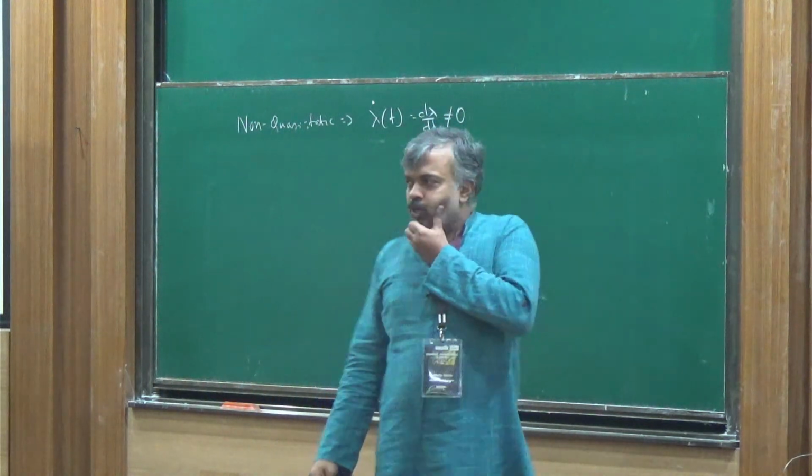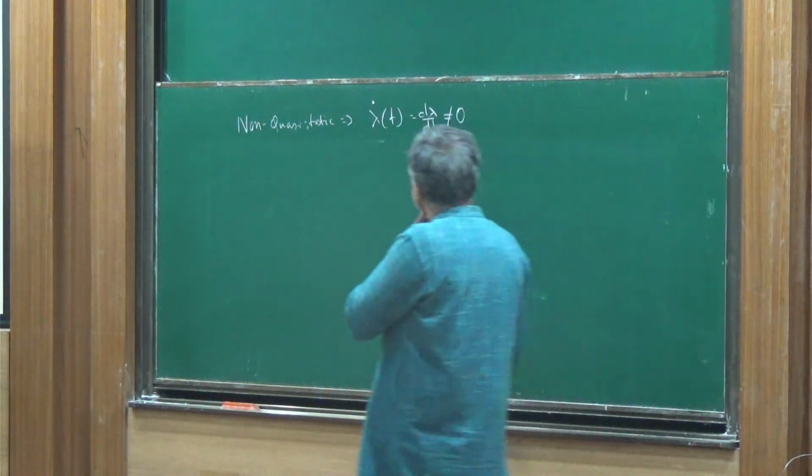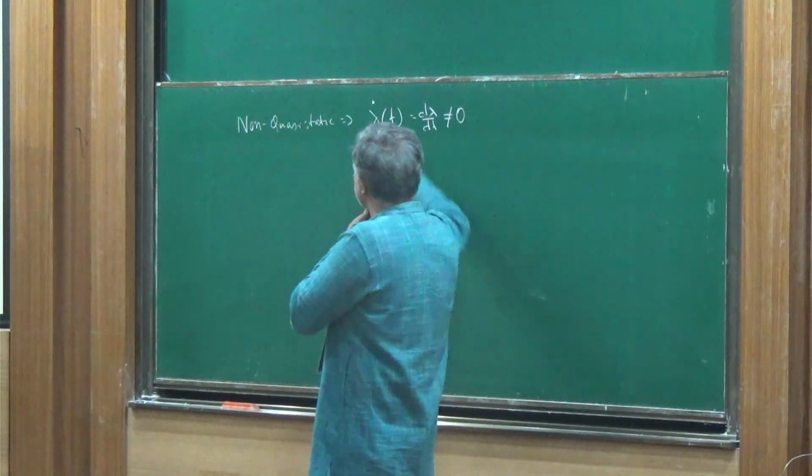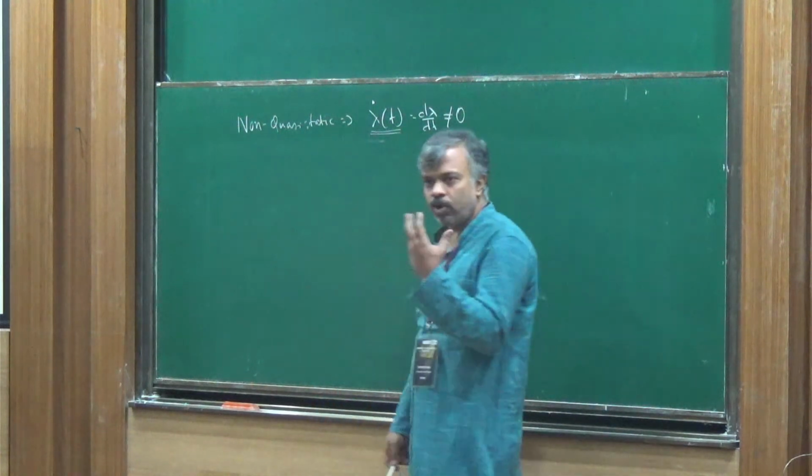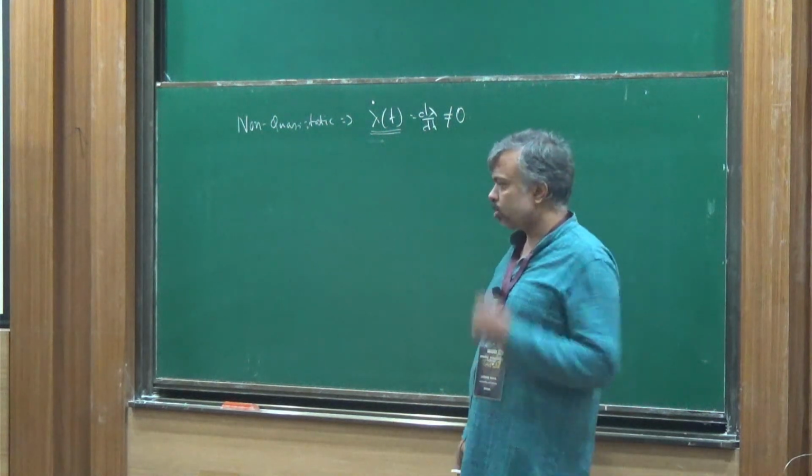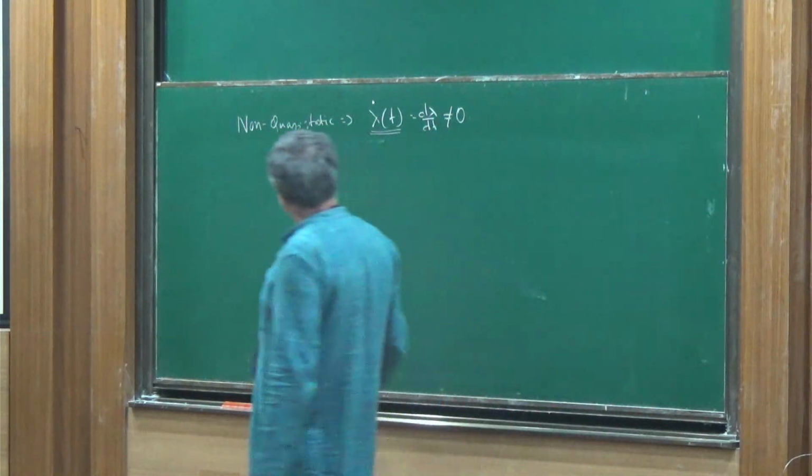And there we need a particular form of lambda. Some particular form we need to calculate for a particular drive, and what will decide the form?